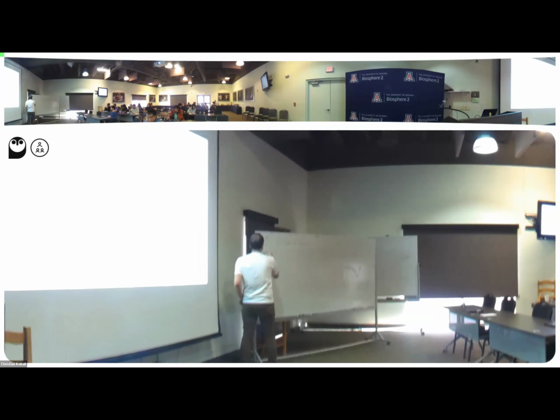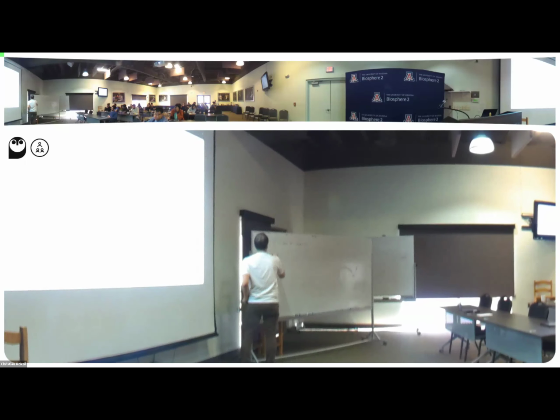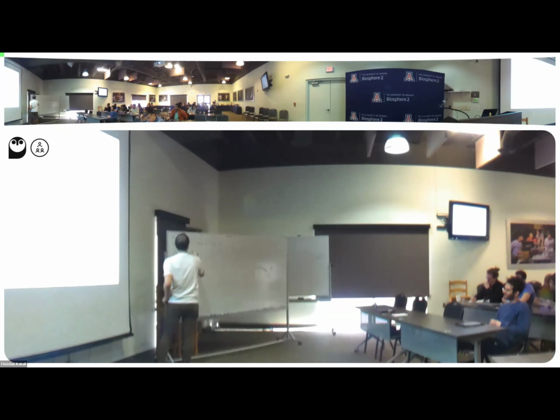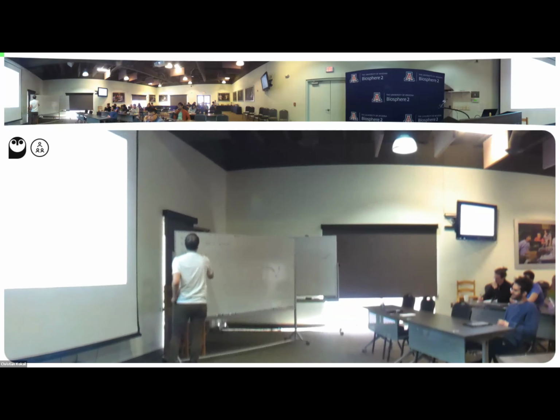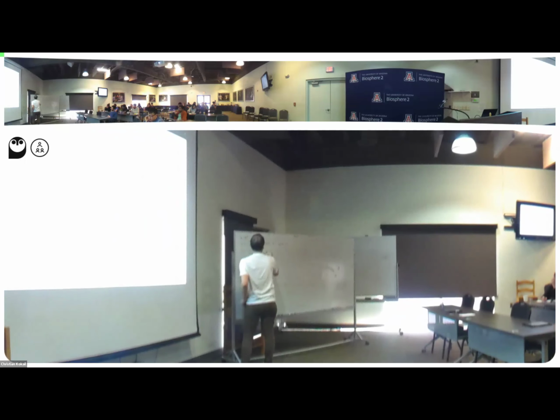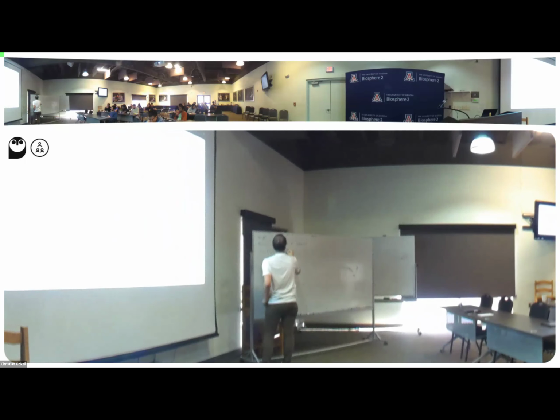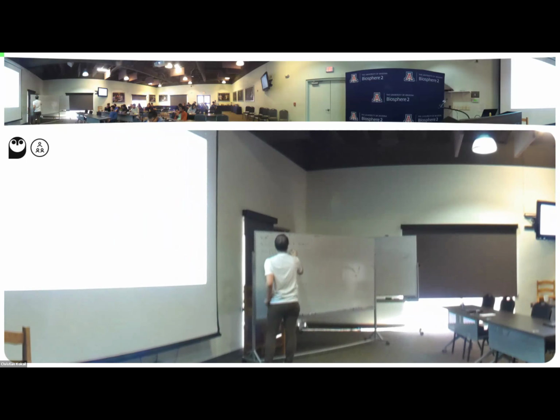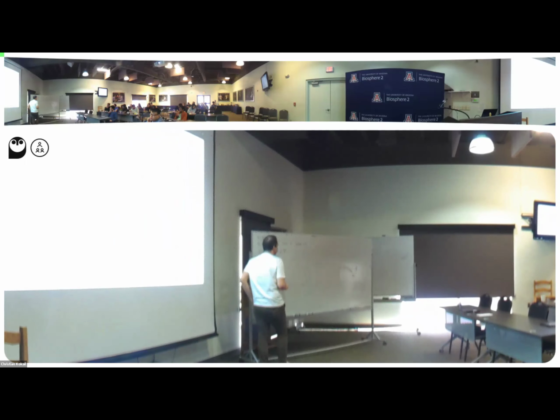Another gate we need is the S gate. The S gate looks like this. This is actually proportional to a 90-degree rotation around the Z axis.